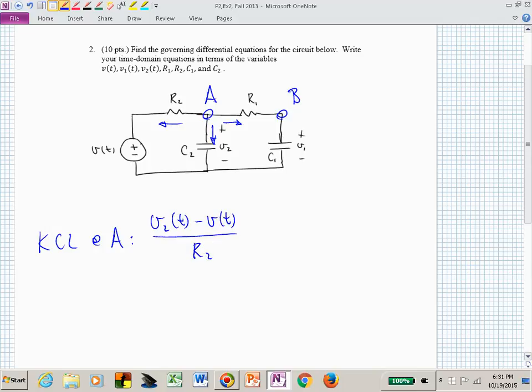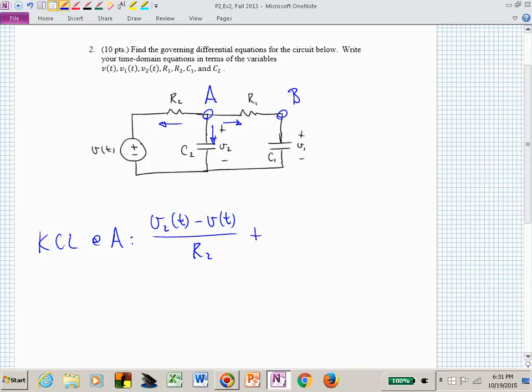That's the current horizontally going to the left. That wasn't very hard, was it? That's just the voltage drop from right to left across that resistor, so that I would get a positive current going to the left if V2 was more positive than V. The signs will take care of themselves, but this is the expression governing that equation.